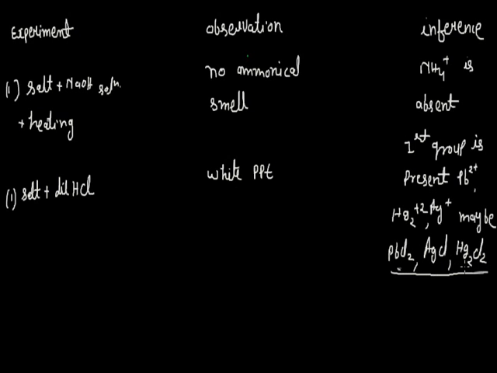Now, in the next step, we find out which radical is present in our salt, whether Pb plus 2, Ag plus or Hg plus 1, that is mercurous.